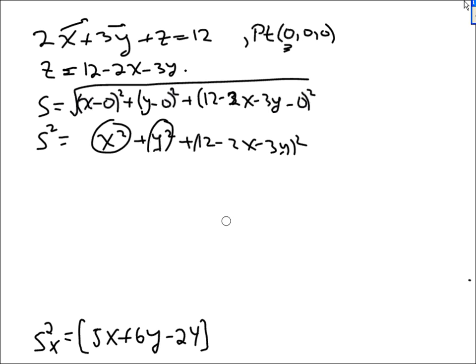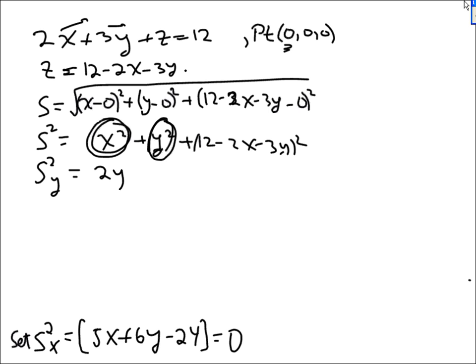Since s squared x on the bottom is a function of x and y, I can't solve that equation alone for 0. Because I want to set these two equations equal to 0, s squared x and s squared y. Okay, s squared y. This is not a function of y, so the derivative is 0. This is a function of y.